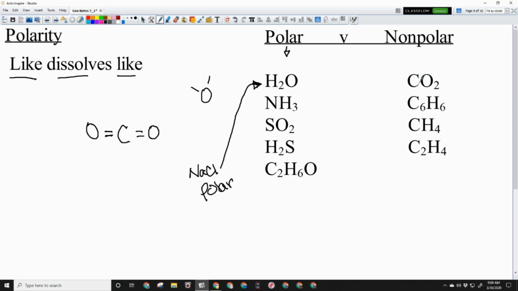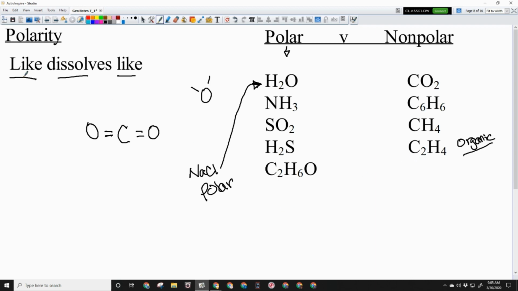Okay? But carbon dioxide is nonpolar. C6H6 is nonpolar. CH4 is nonpolar, and C2H4 is nonpolar. Usually a lot of your organic molecules that contain carbon, hydrogen, oxygen, and nitrogen together are organic or nonpolar molecules.